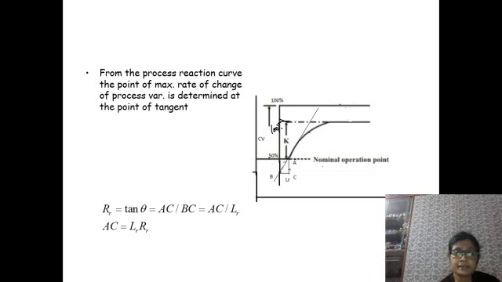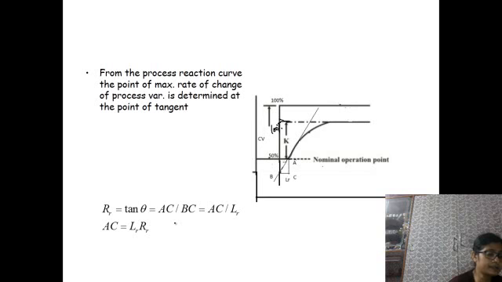This is the theta value. So tan theta is AC by BC. So this is LR, the time value, and so AC, this value is LR into RR, where RR is the tangent.